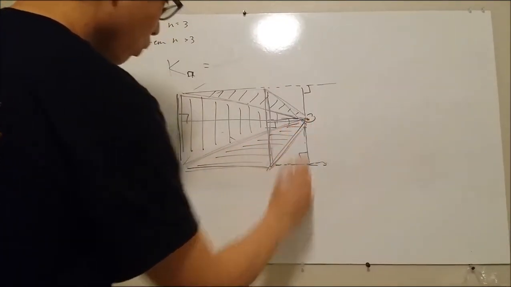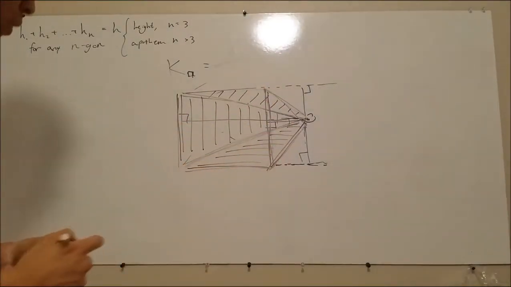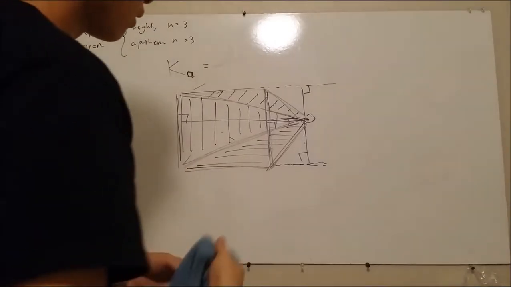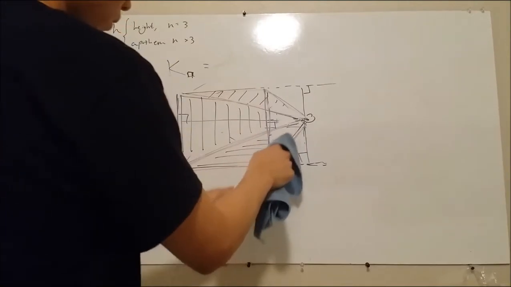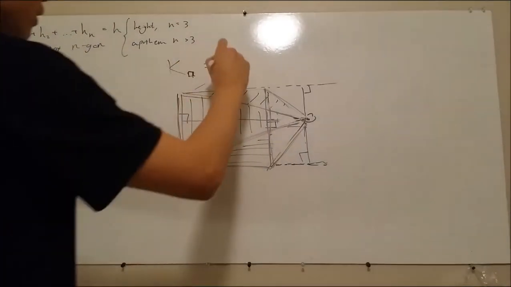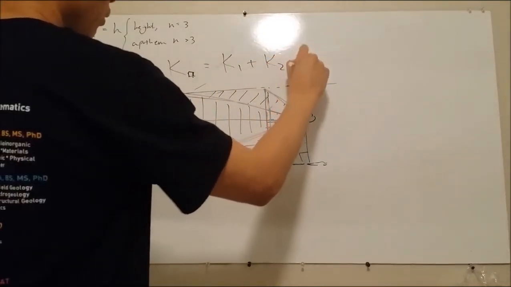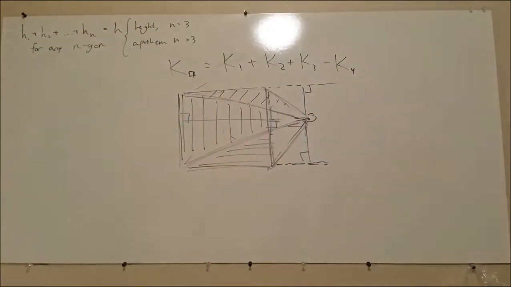So we add up triangles 1, 2, and 3. But we have all this extra space, so what do we do? We simply subtract triangle 4. Boom. That's pretty clean. So what we have is triangle 1, triangle 2, triangle 3, minus triangle 4.